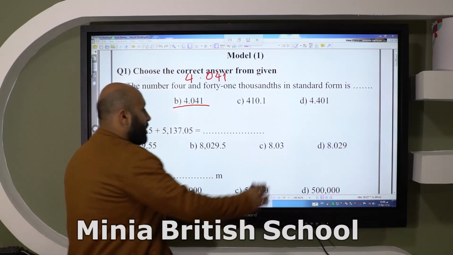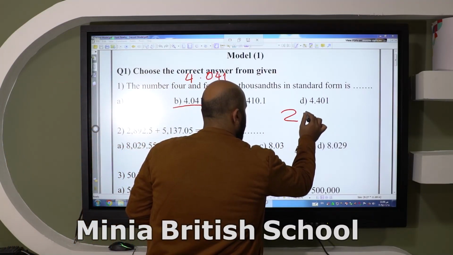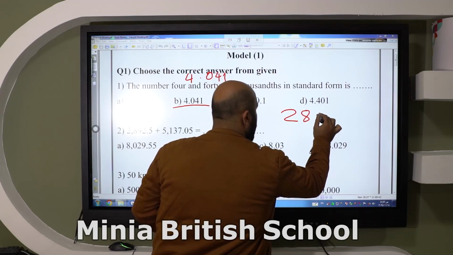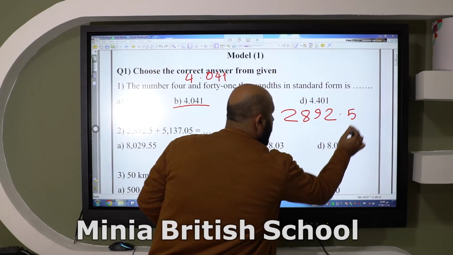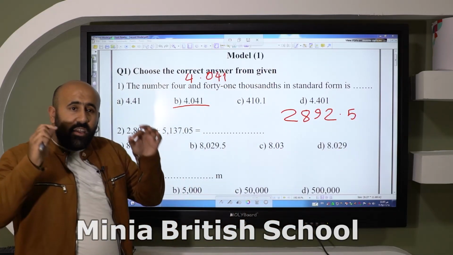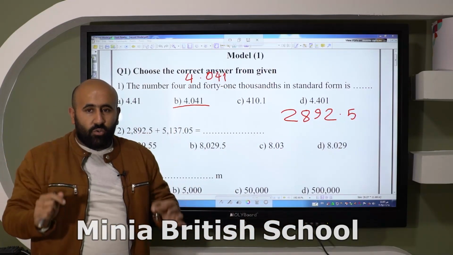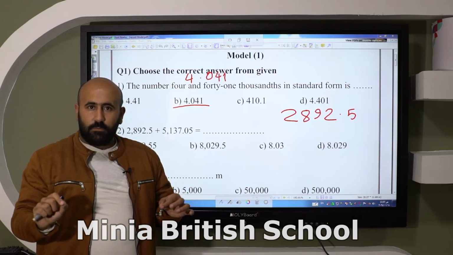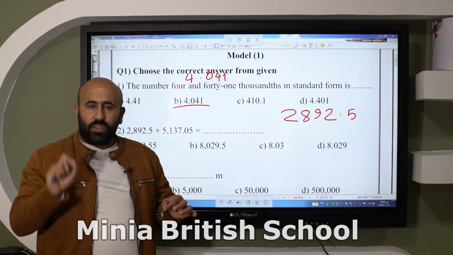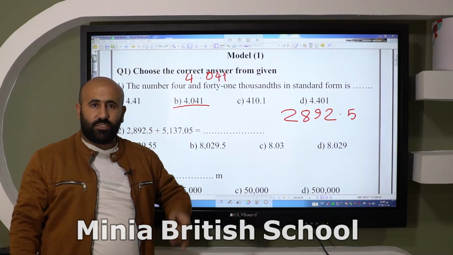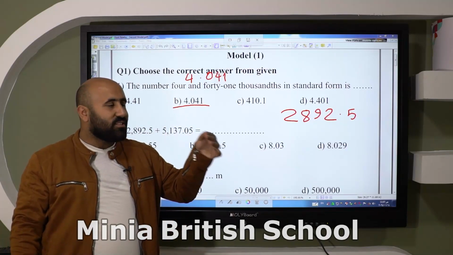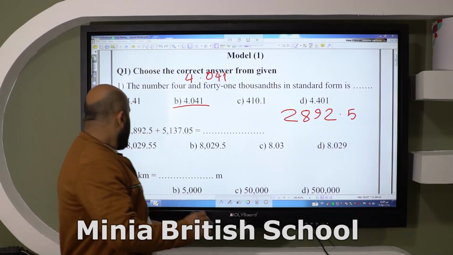So I will write 2892.5, and the second number I must put in order: the decimal point under decimal point, the tenths under tenths, hundredths under hundredths, and also ones under ones, tens under tens, hundreds under hundreds.